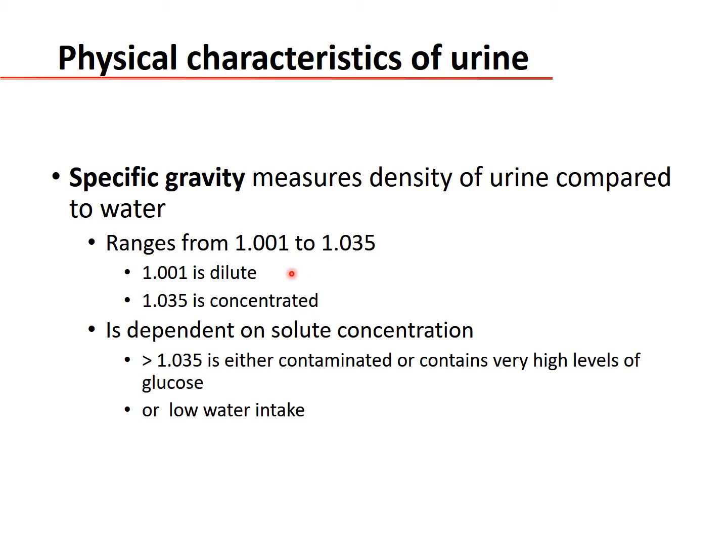Expressed in osmolality, 1001 is close to, let's say, maybe 10 milliosmol, while 1035 is about 1200 milliosmol. Now, the specific gravity depends on the solute concentration. 1035 means either a very high level of glucose or very concentrated urine, and this is when we have a very low water intake.